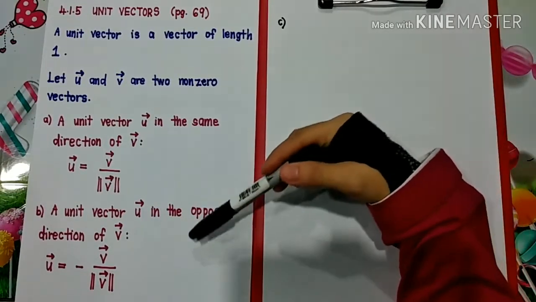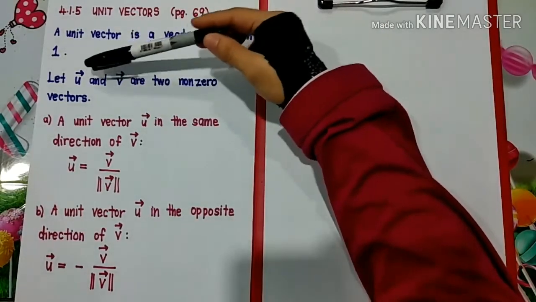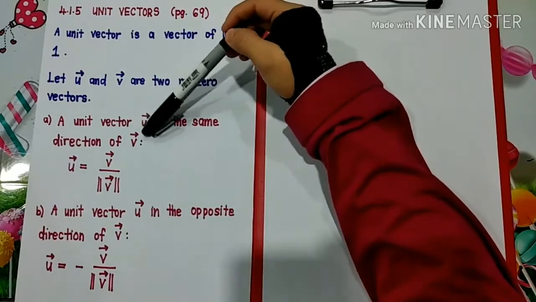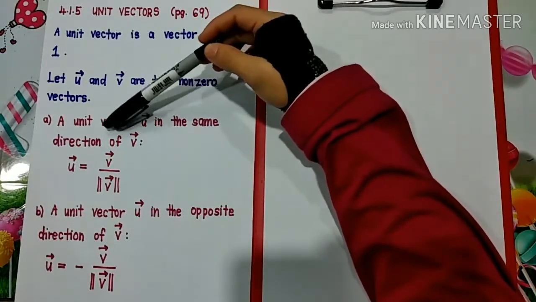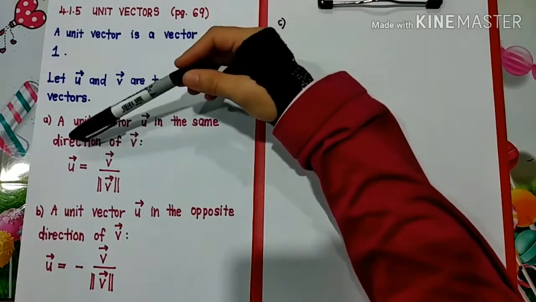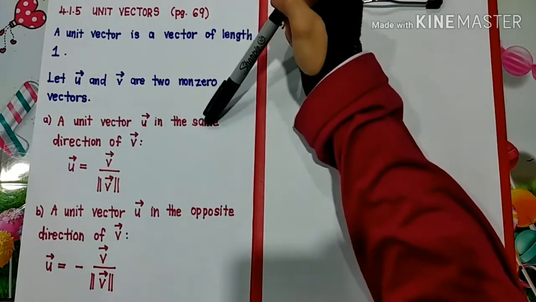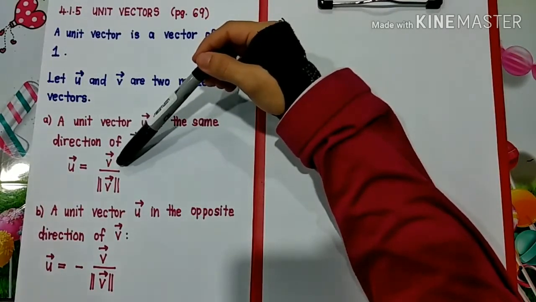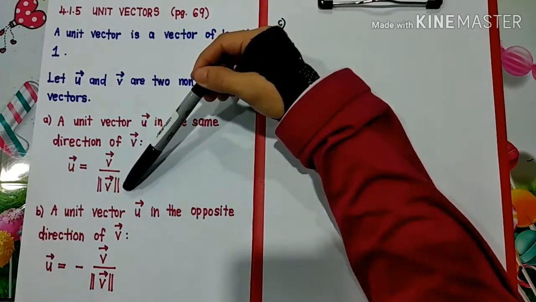So we have two formulas here. Let's say we have two vectors, u and v. A unit vector u means that u is a unit vector in the same direction as v. So you want to find u, so u equal to, because it is in the same direction, positive, vector v divided by the magnitude of vector v.